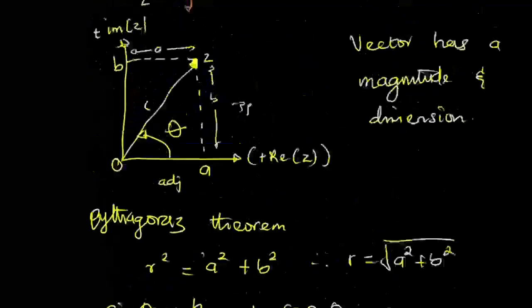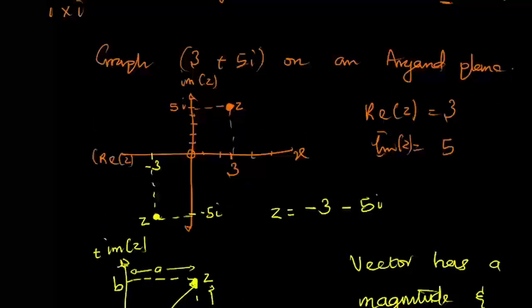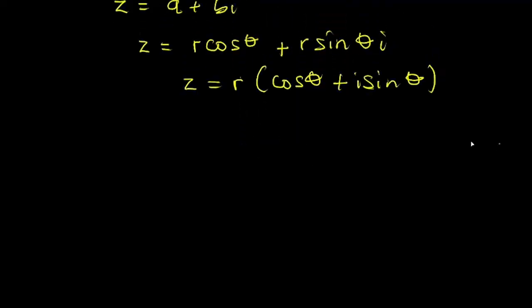So, just to round up the class, let us take 3 plus 5i. I will use this example to round up the class. Express 3 plus 5i in polar form. So what do we do?